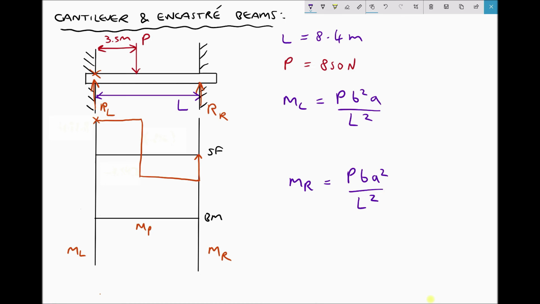Well, on our diagram, A is the distance between the left-hand support and the point load, so this distance here. And B is the distance between the point load and the right-hand support here. So we know that A is 3.5 metres and B is just 8.4 minus 3.5, which is 4.9 metres.